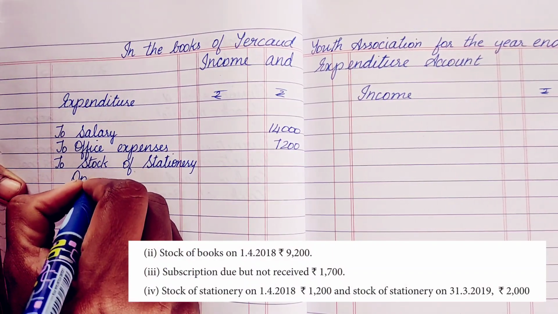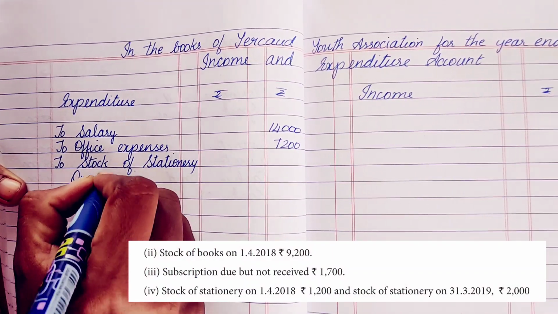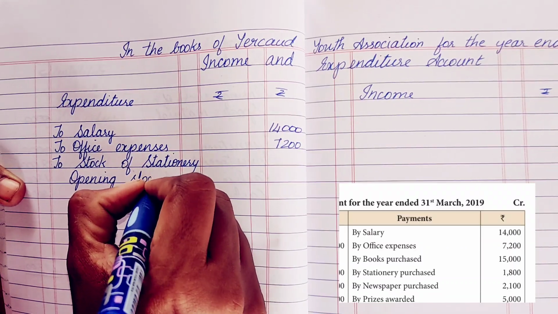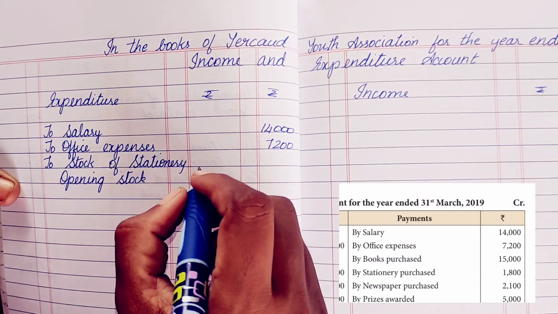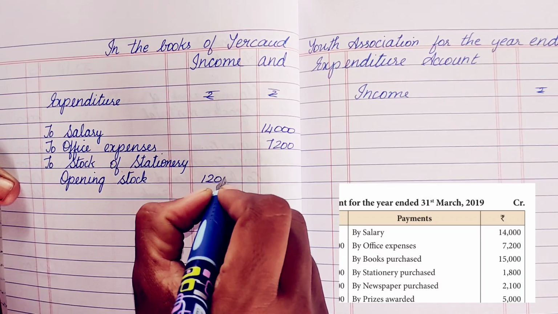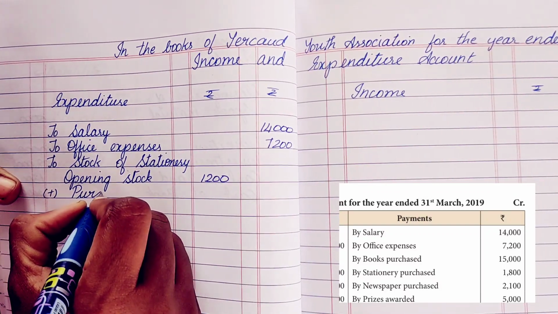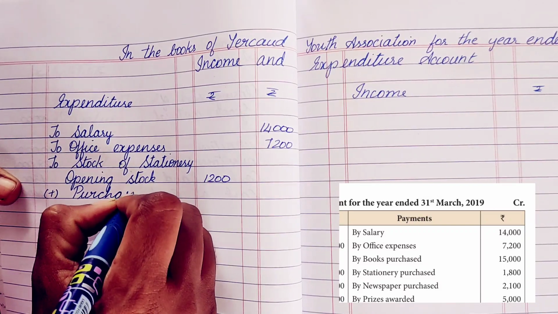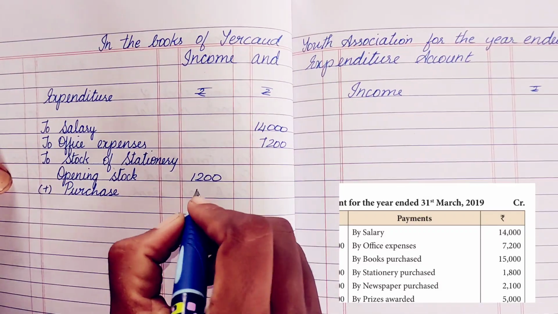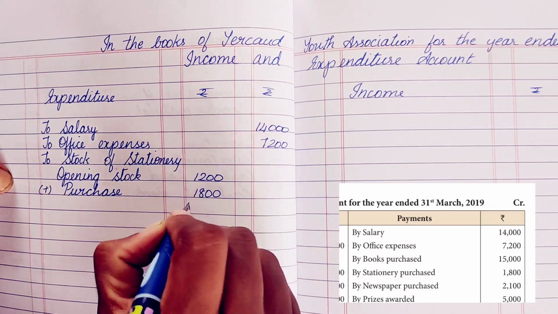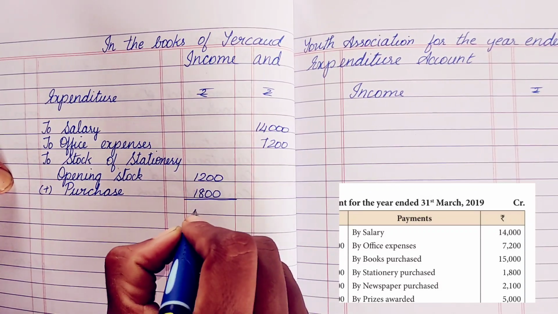So in the third adjustment, we have an opening stock of stationery of 1,200. How did we find out it's opening? Because it has 1st of April 2018. So we are going to record opening stock of stationery 1,200, and we'll add the purchases which is given on the payment side, that is by stationery purchase 1,800. So when we add it, we get 3,000 rupees.